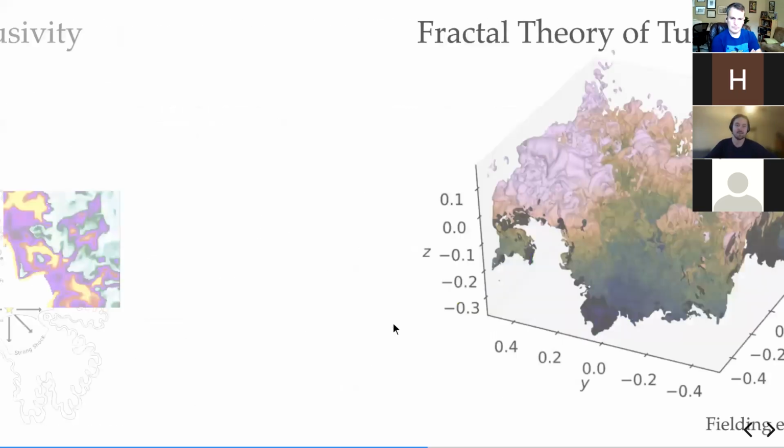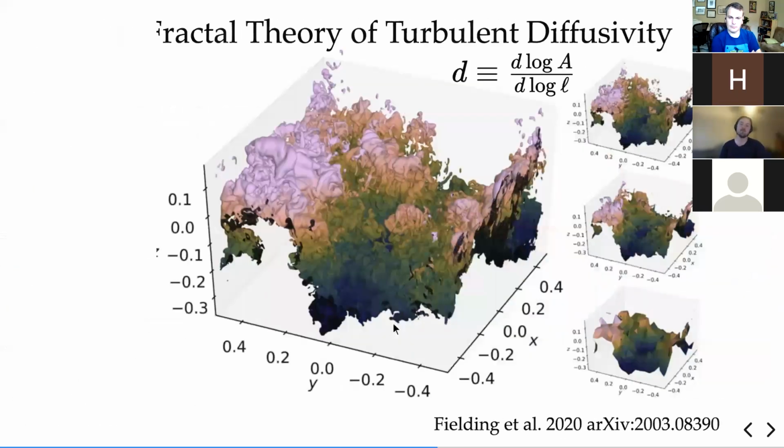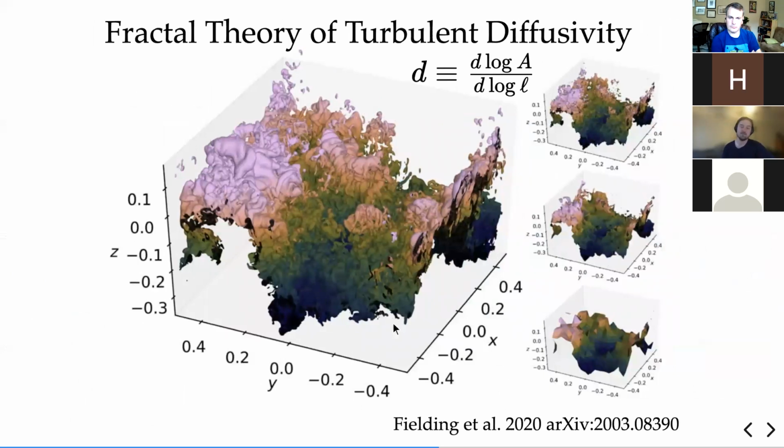Does this inequality, this comparison, make sense? So again, to give you an idea of how we measure the excess fractal dimension of these surfaces, this is from some similar turbulent mixing layer theory work that came out last year by Drummond Fielding.